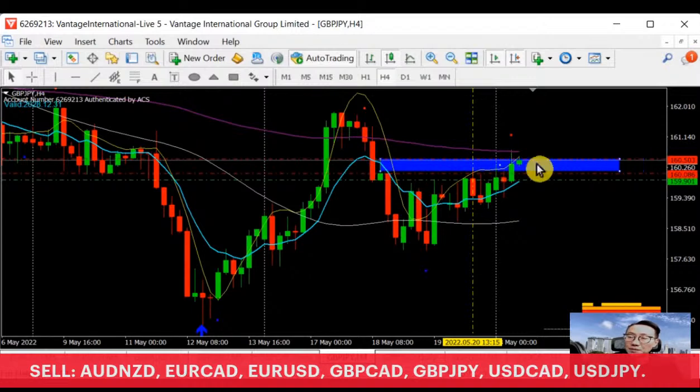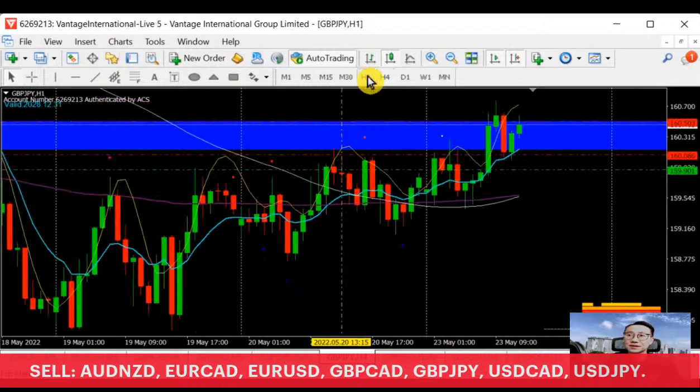So that means if in this H1 you see it started to test and reject, there will be a good chance for you to sell in order to hit 159,900.